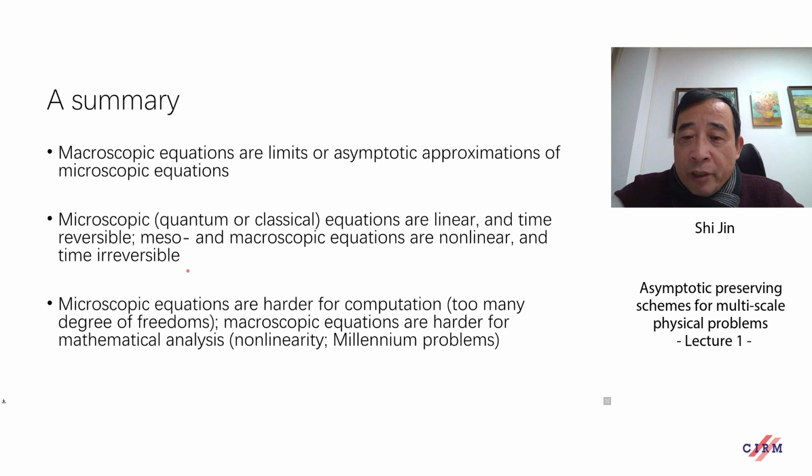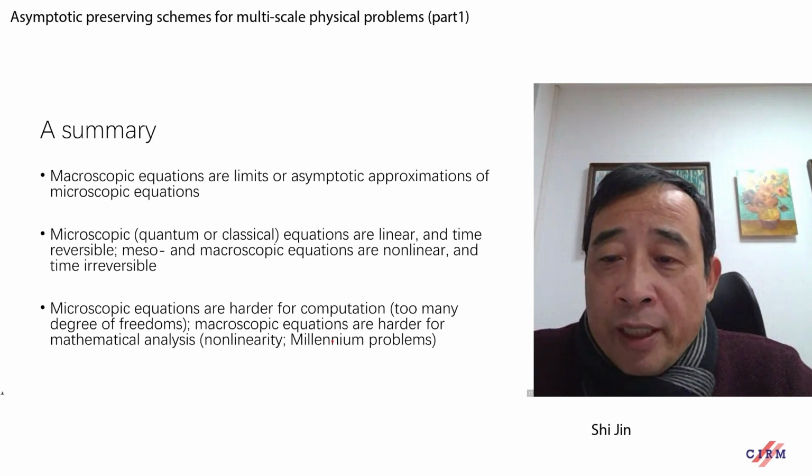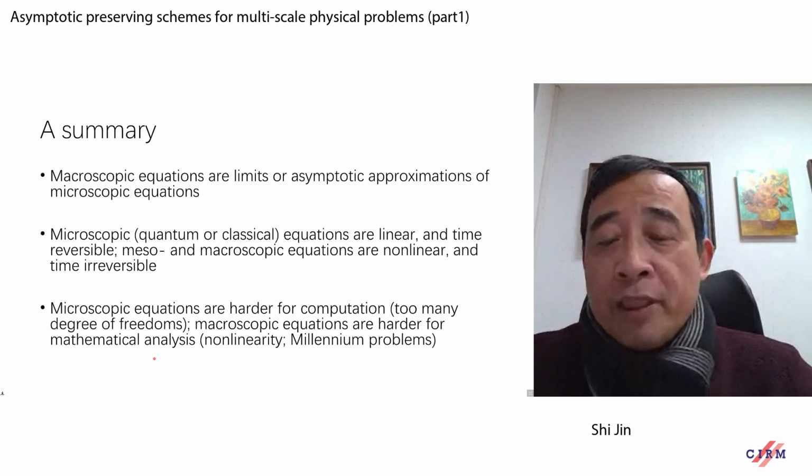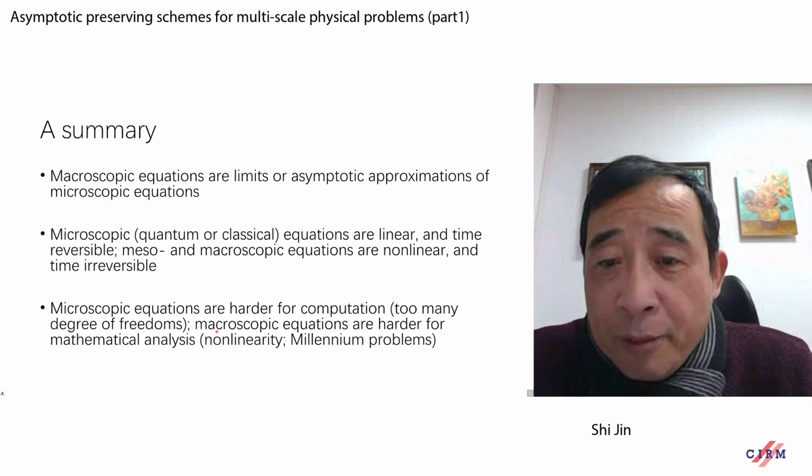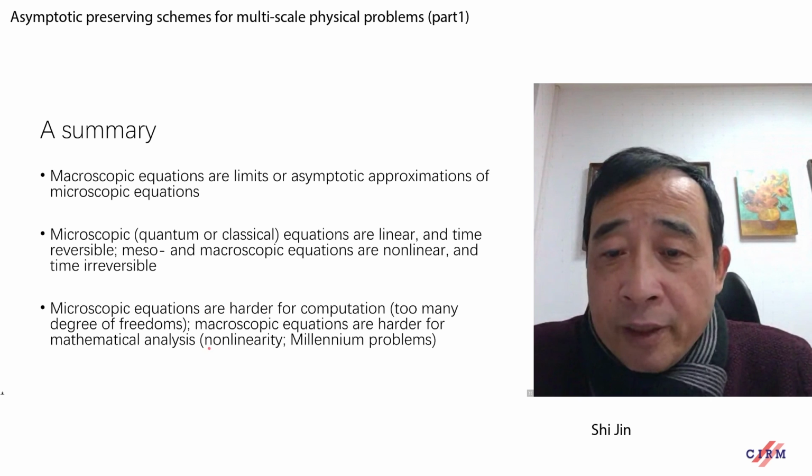So you see the fundamental difference. Computationally, the microscopic equations are harder because there are too many degrees of freedom. The problem is too large to put in a computer. But the macroscopic equations are harder for analysis because they are nonlinear PDEs, and proving any theorem is very difficult. But numerically, it's easier because the degrees of freedom are much fewer.